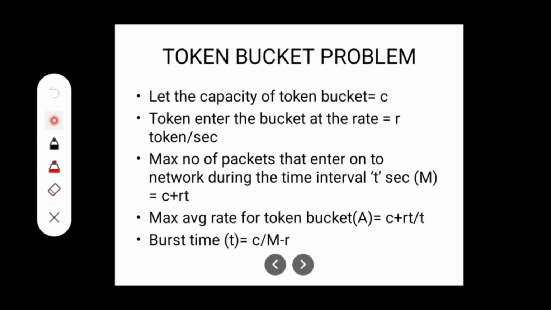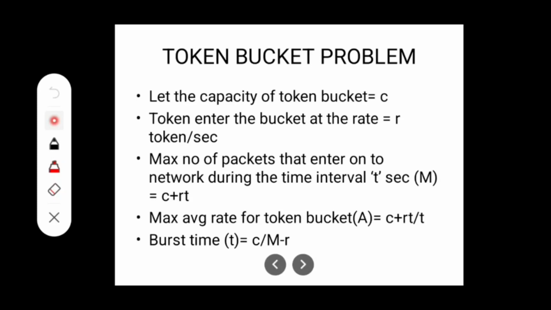The next formula is the maximum average rate of transmission in the token bucket, given as A, and the formula is (C plus RT) by T. We have already found the maximum number of packets, and that divided by T gives the average rate.